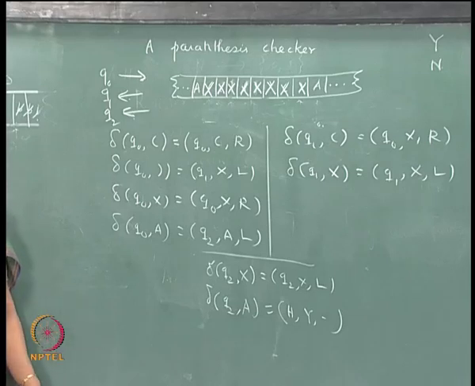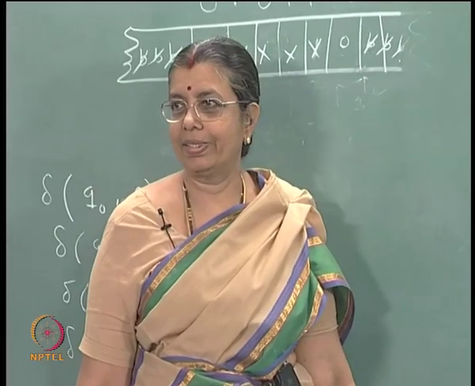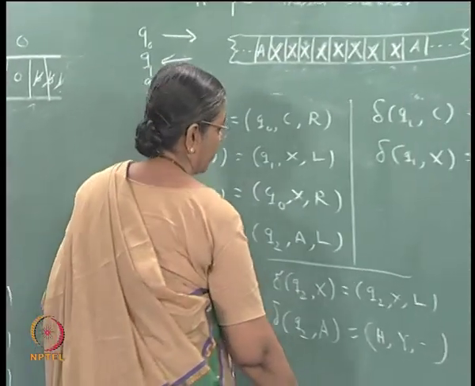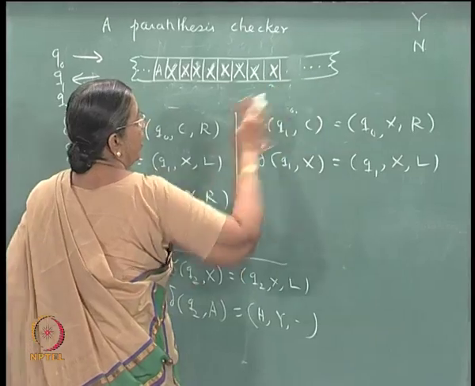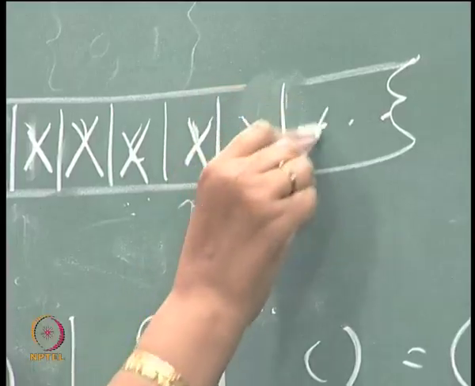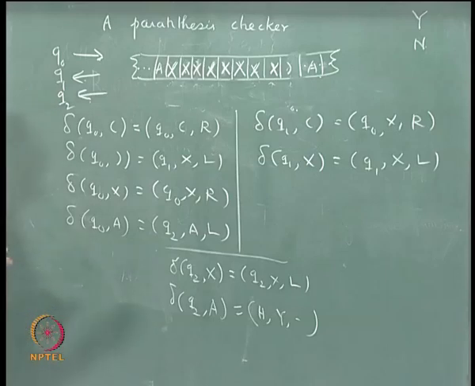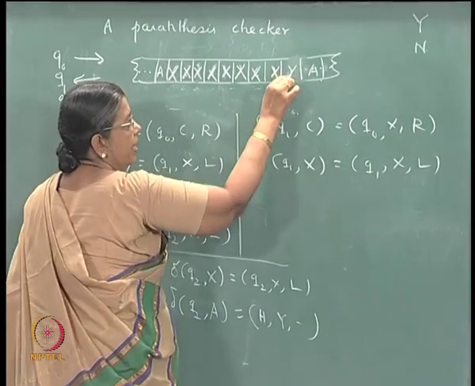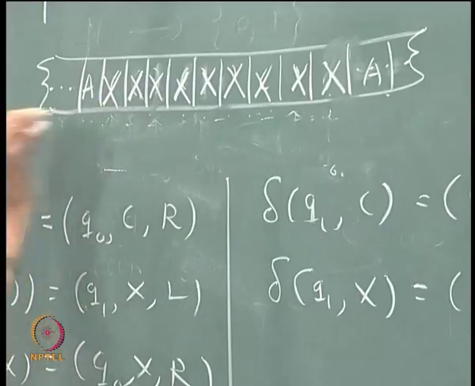Now, if the string is not well formed, it has to say no and halt, when there are more right parentheses or so. Suppose I had one more right parenthesis. The Turing machine will be moving here, and at this stage it will print a x and start moving left in state q1.